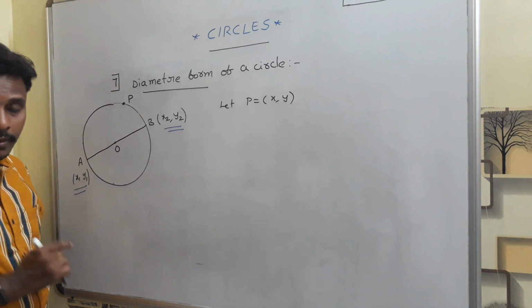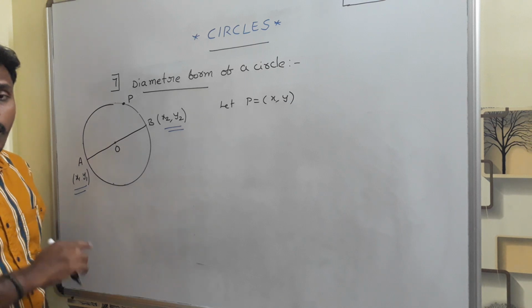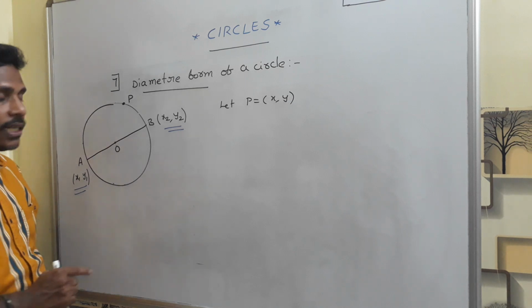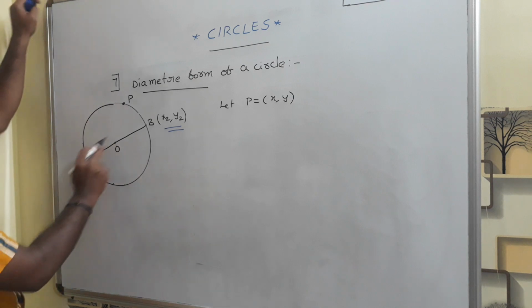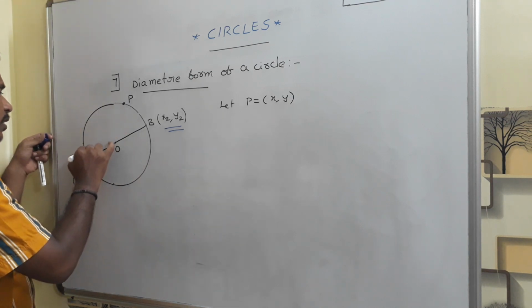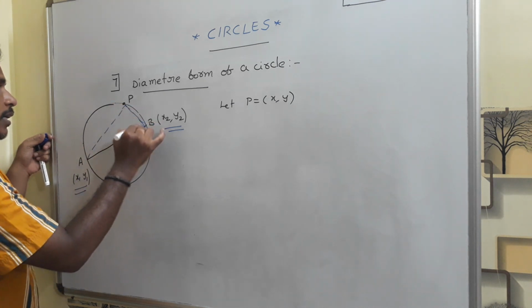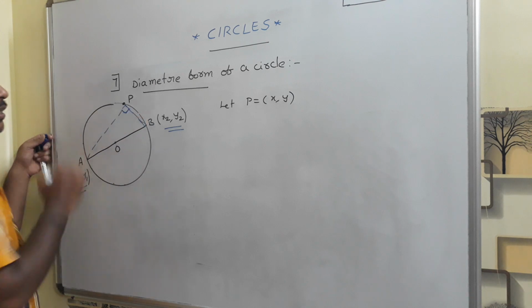We know that the angle in a semicircle is 90 degrees. A diameter always makes an angle of 90 degrees at the circumference. So since AB is the diameter, when we join A and B with P like this, the angle is 90 degrees.